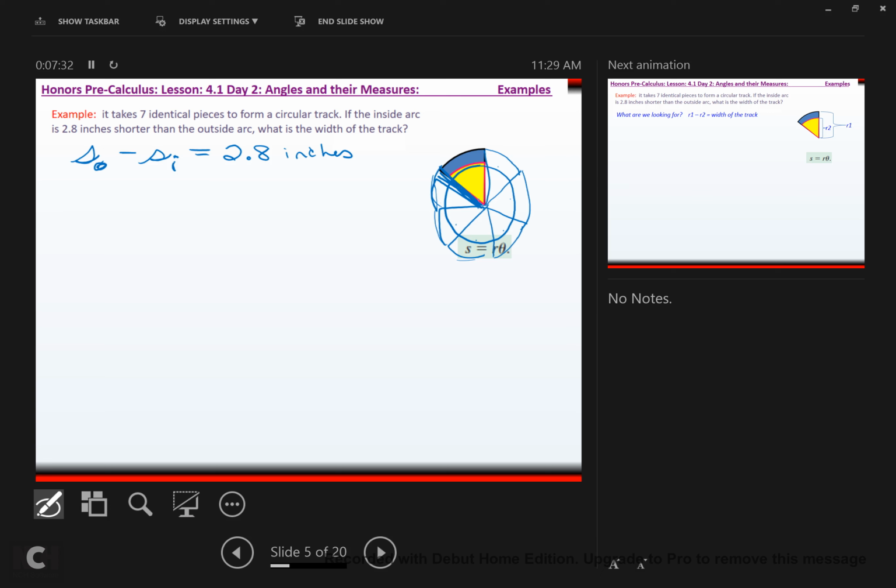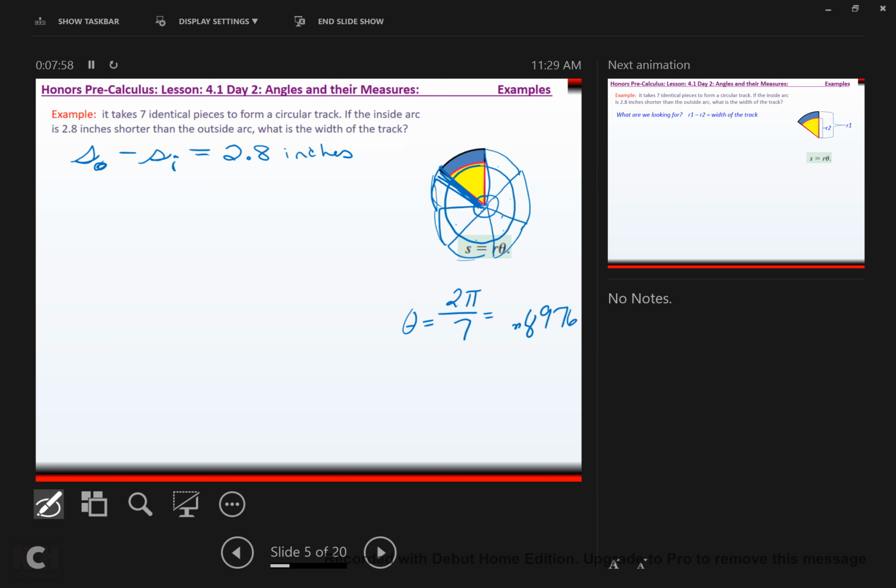If it was a whole circle, theta is worth 2 pi radians, but I'm cutting that into 7 pieces. So if I type in 2 pi divided by 7, I get 0.8976. So there's my theta.